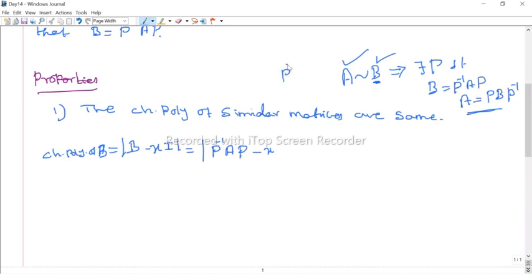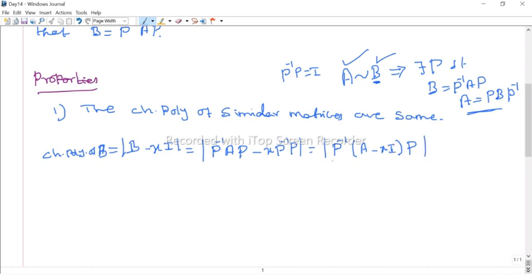The identity can be written as P inverse P, since any matrix multiplied by its inverse is identity. Now we can take P inverse from the left and P from the right.